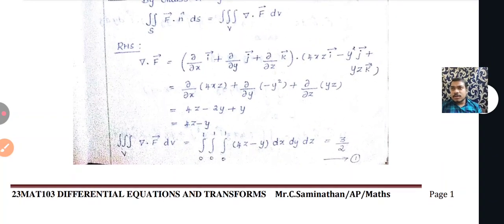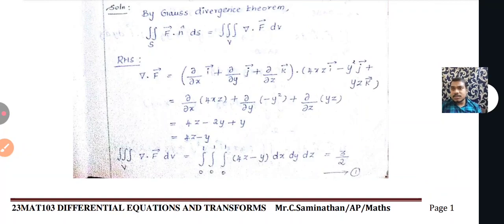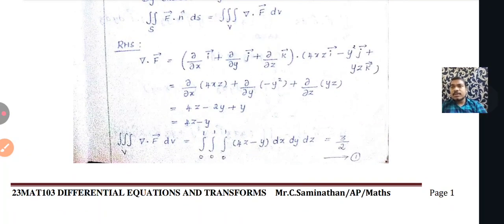So from the RHS, triple integral over V of del dot f vector dV, that is 4z minus y over the volume dV. Here dV is dx dy dz, and substituting and integrating we get the value 3 by 2, which is equation number 1.